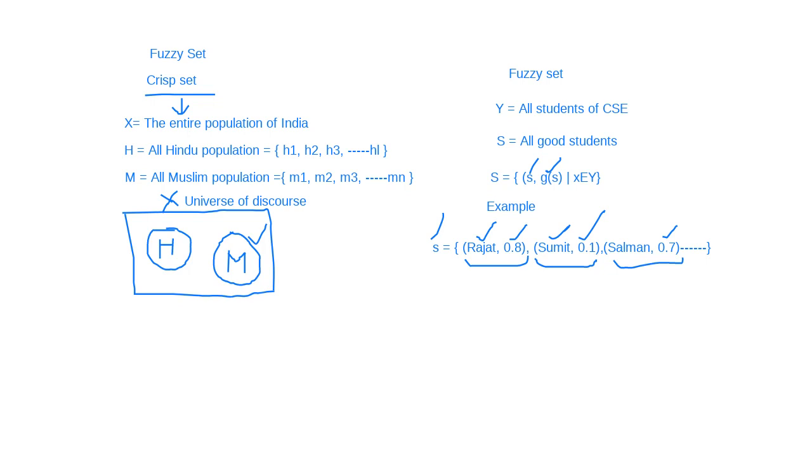And this is called the membership value or membership function, or degree of measurement.